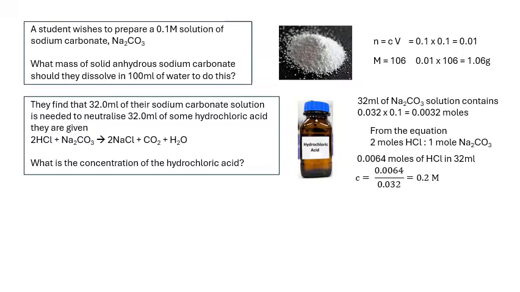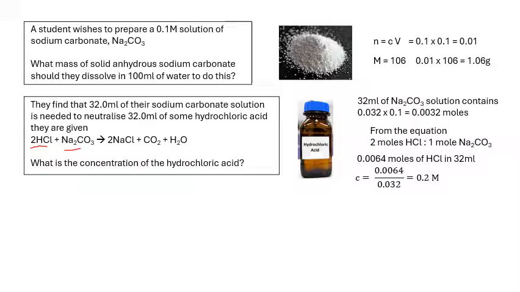So I've worked out the number of moles in my 32 mils of sodium carbonate, and it's 0.0032 moles. From the equation, we see that 2 moles of hydrochloric acid goes with 1 mole of sodium carbonate. So the stoichiometric ratio, if you like, is 2 to 1. 2 moles of hydrochloric acid, 1 mole of sodium carbonate.